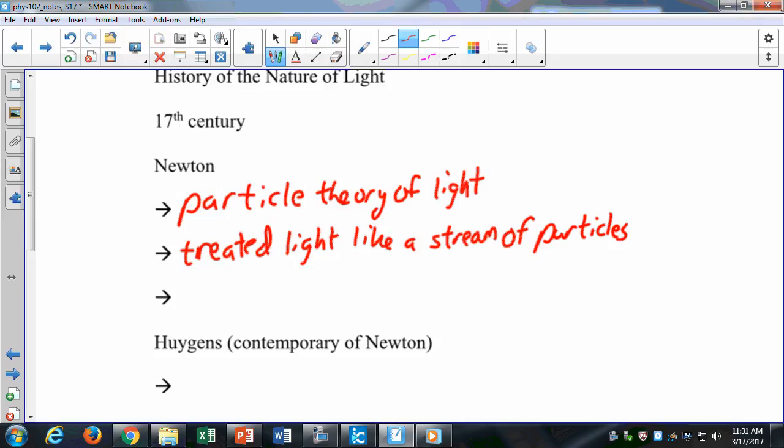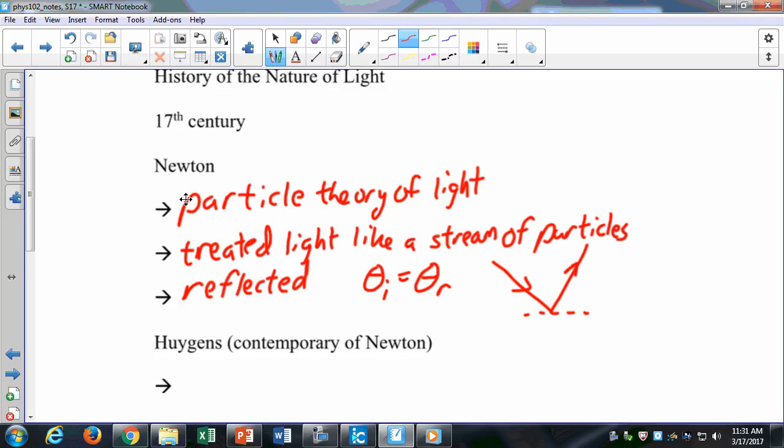And the reason he thought this is because he knew that light reflected. It followed what we call the law of reflection, which we'll see later. It reflected, and that is to say that the incident angle was equal to the reflected angle. So if I have a light ray and I shine it onto a reflective surface, it's going to bounce off of that in the same way that it was incident.